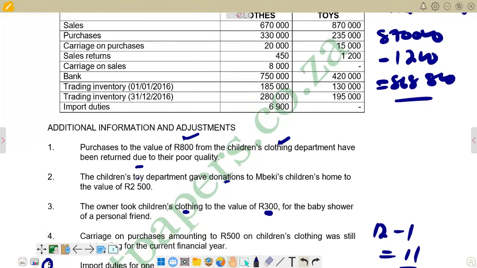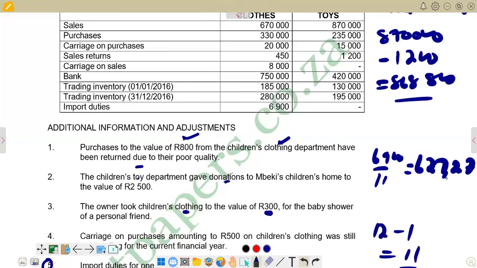So we want to find the monthly so that we can find for 1 month that's still outstanding and add it. So we are saying 6,900 and then we divide by 11. You're going to get 627.27.